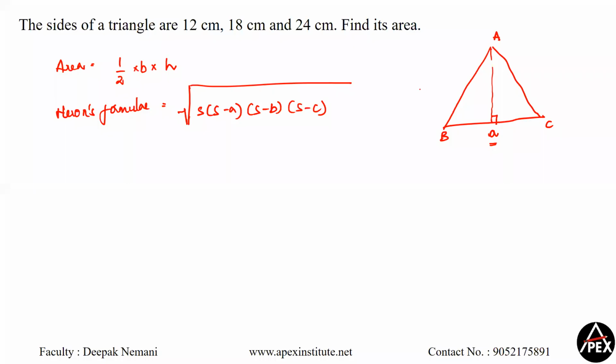Now, do we have any other formulas to calculate the area of a triangle? Yes. If you are given, for example, this angle theta, you can find the area using half into the length of this side AB into the length of this side BC into sine theta, the sine of the angle included between these two sides.